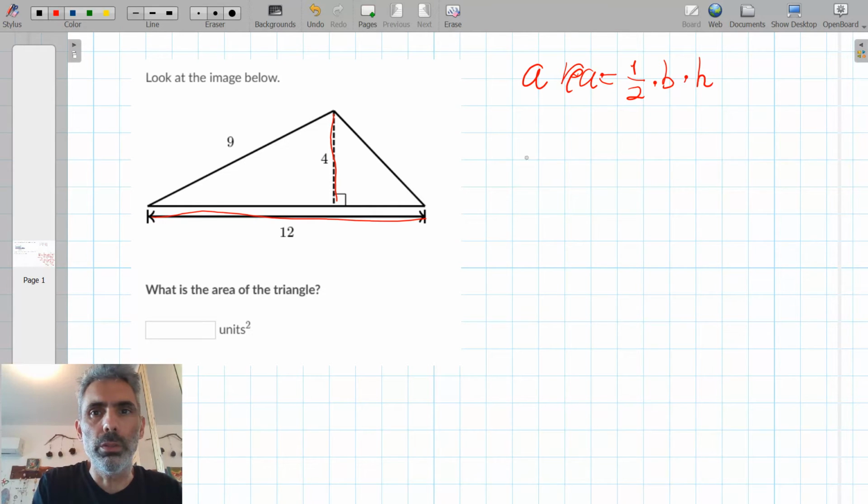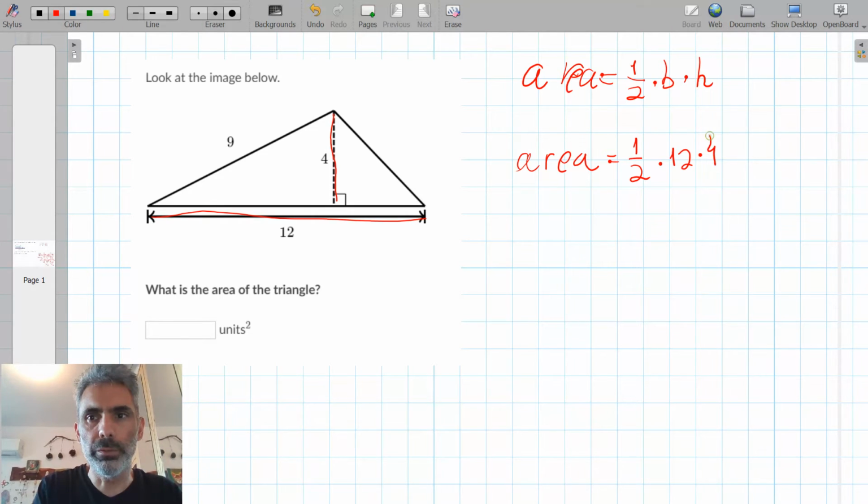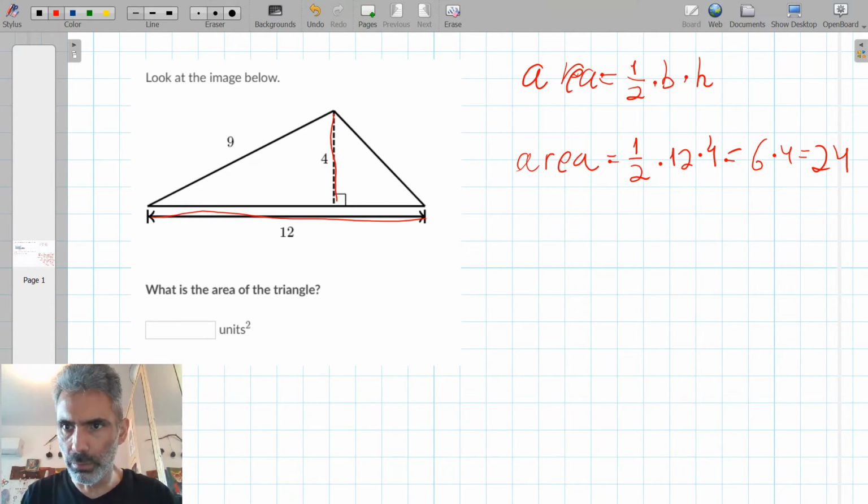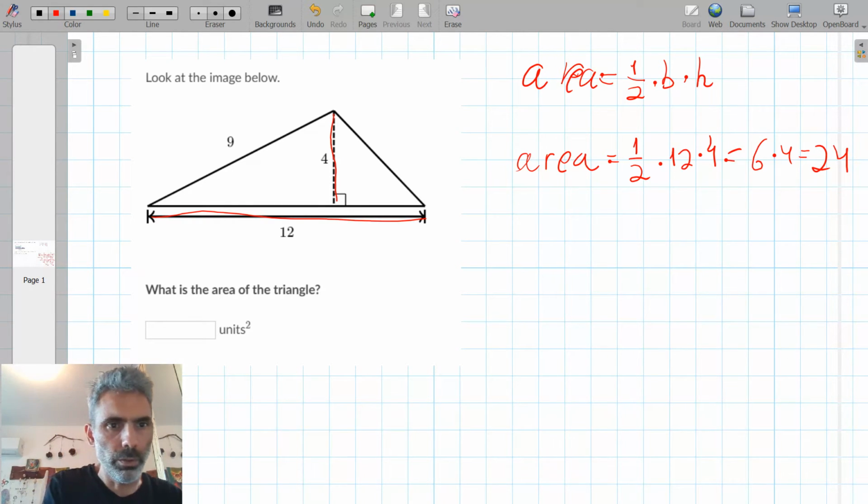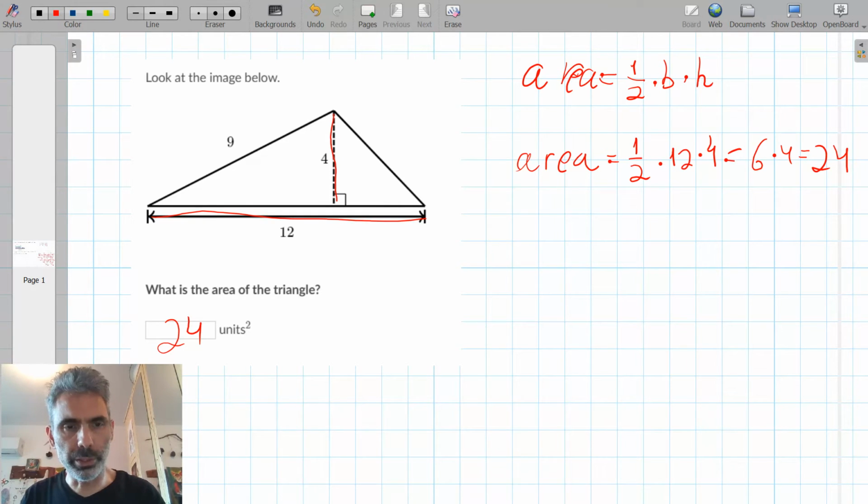So the area of this triangle is 1/2 times the base, which is 12, times the height, which is 4. 1/2 of 12 is 6. 6 times 4 is 24. So the area of this triangle is 24 units squared.